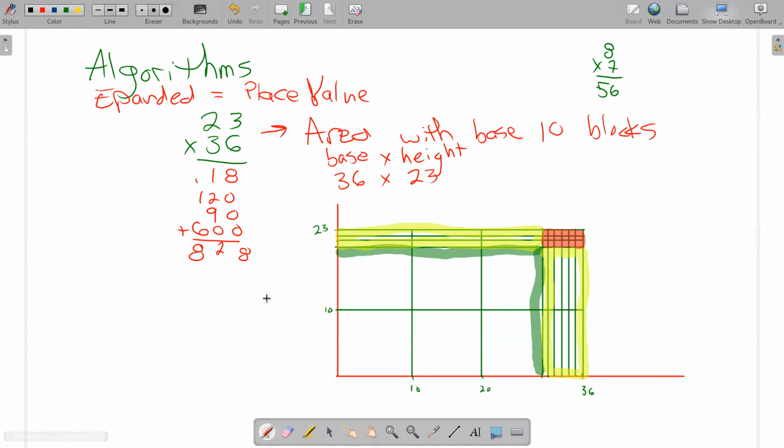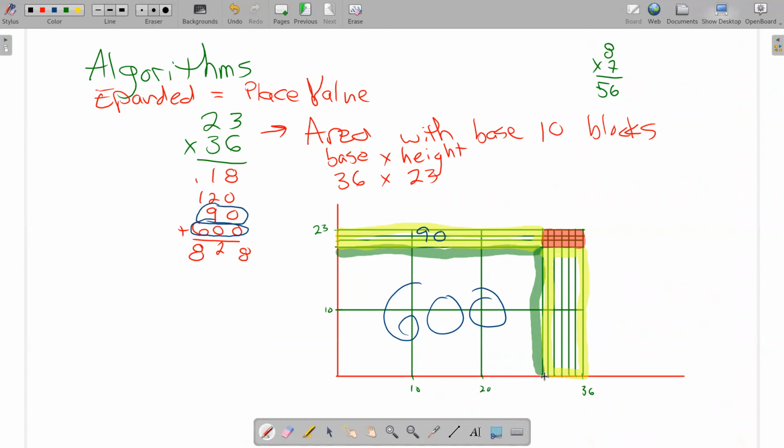And so in here, I see the following. I'm going to switch to blue. I see 1, 2, 3, 4, 5, 6 10 by 10 blocks, right? So I see 600 right there. Over here, I have a 3 by 3 group of 10s. And so that's going to give me 9 10s or 90 right there.